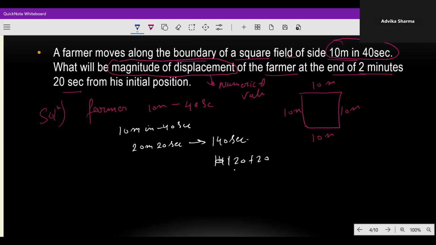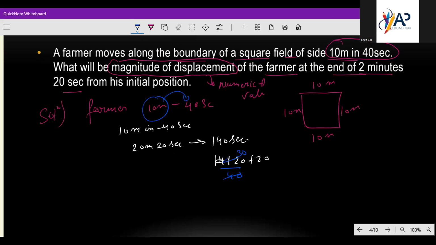Divided by 40, it becomes 3 rounds. It means 10 meters is covered in 40 seconds, and 30 meters in 120 seconds. Then 20 seconds means 10 meters this side and 10 meters this side.